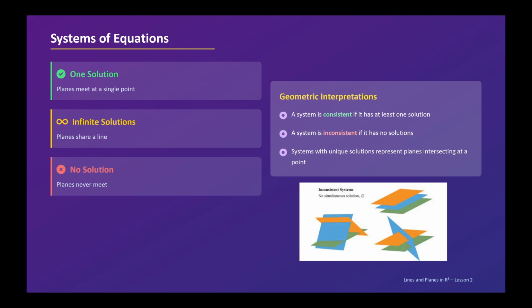If the system has infinitely many solutions, the planes share a line or overlap each other. If the system has no solution, the planes do not meet at a common point, usually because two planes are parallel or the arrangement doesn't allow a single intersection.